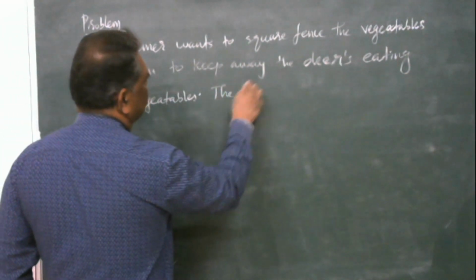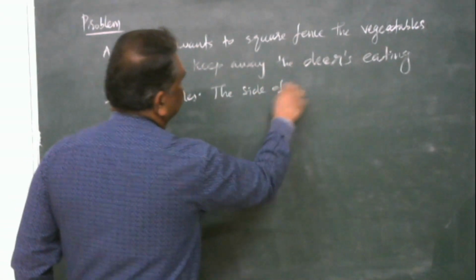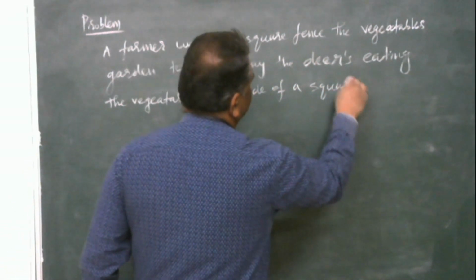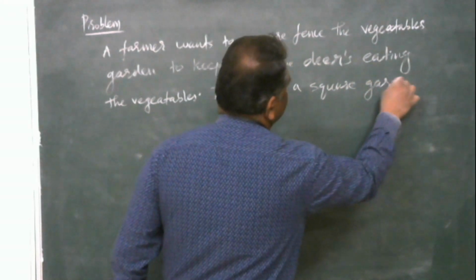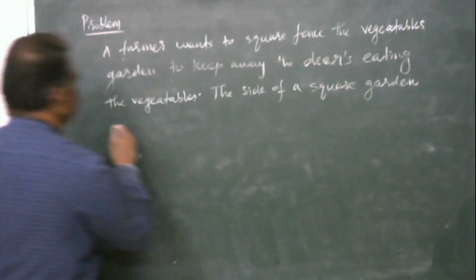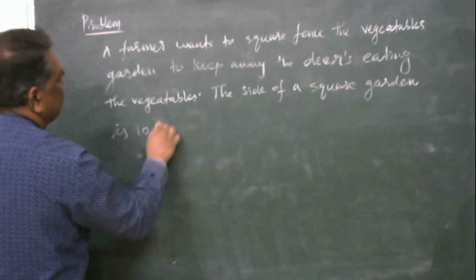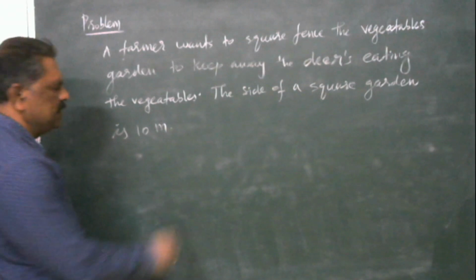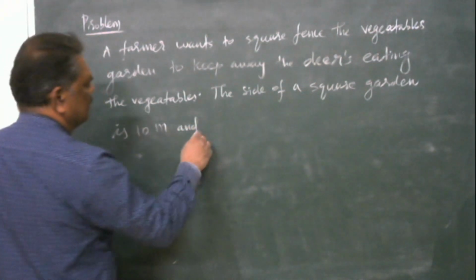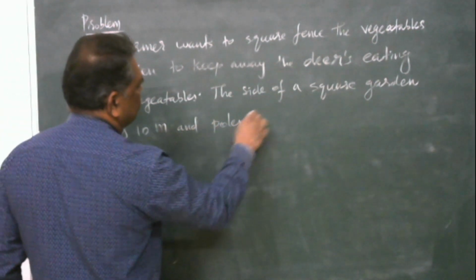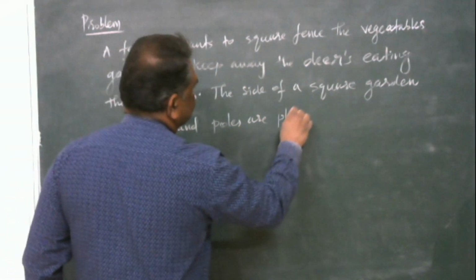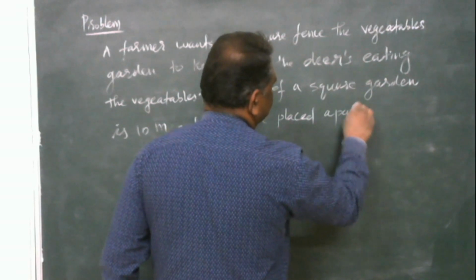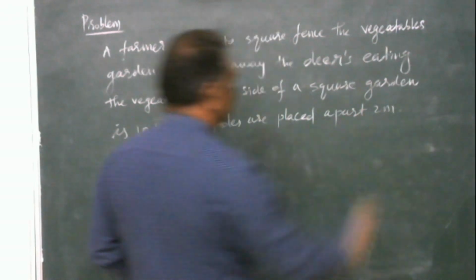The side of a square garden is 10 meters, and poles are placed 2 meters apart.